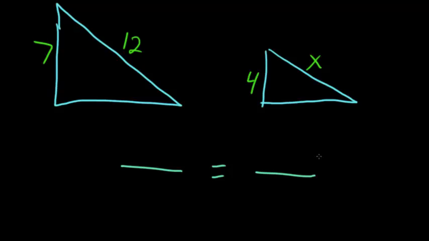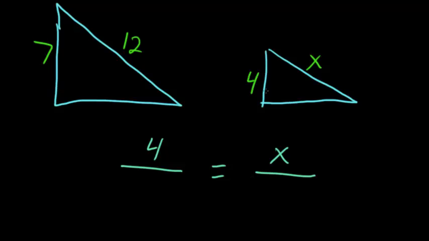Now, I want all the information from one of the triangles on top and all the information from the other triangle on the bottom, the numerator and denominator. I don't want to mix them up. I don't want to get this x on maybe the top and the 4 on the bottom. I can, if I do it right, still do that, but I really want you to keep it straight, so I want both of them on top or both of them on the bottom. So to start it off, I'm going to put the 4 on top, and so that means I'm going to put the x on top.